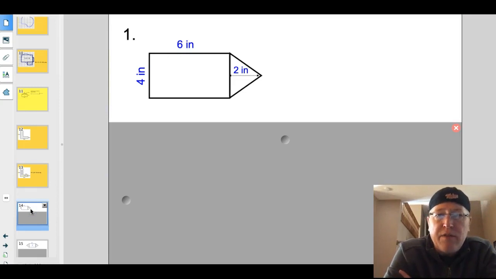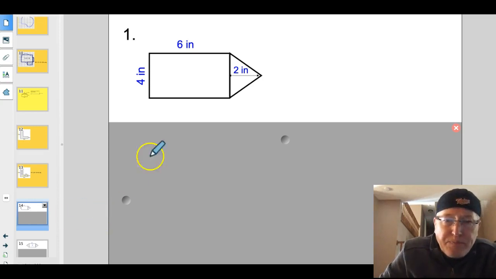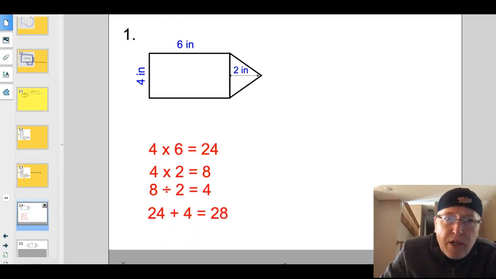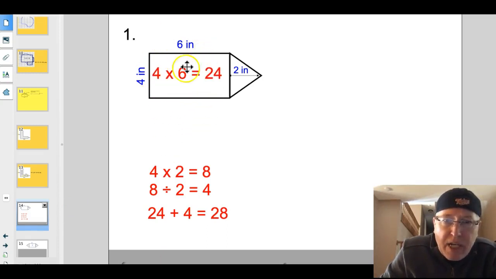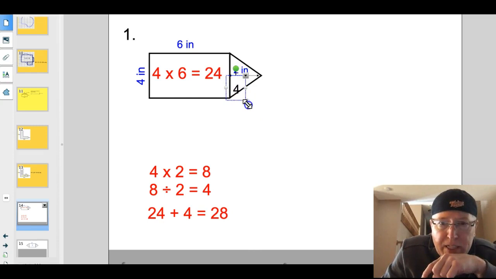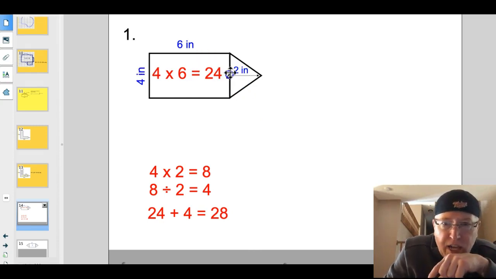All right, go ahead and find the area of this rocket or a pencil, whatever you want to call it. All right, let's see my work here. This is the easiest. This is going to be 4 times 6, that'll be for this rectangle here. But now we've got this triangle. This here is obviously going to be 4, the base of this triangle, because this side is 4, so this side is 4.